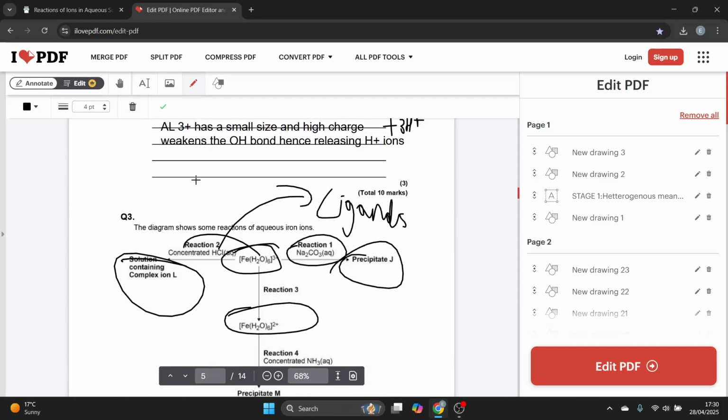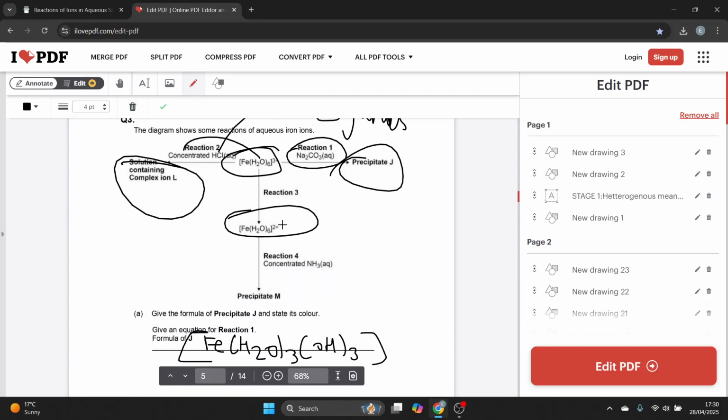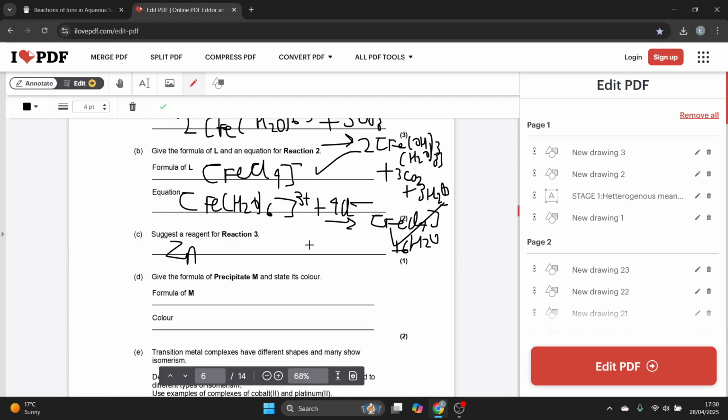Give the formula of precipitate M. Well, precipitate M is when this Fe2+ reacts with NH3. So the formula of M. See, a lot of the times they don't even want the actual equations; they just want the formulas, and it's probably more difficult to just give the formula because you're like, okay, do I write down the equation or not?